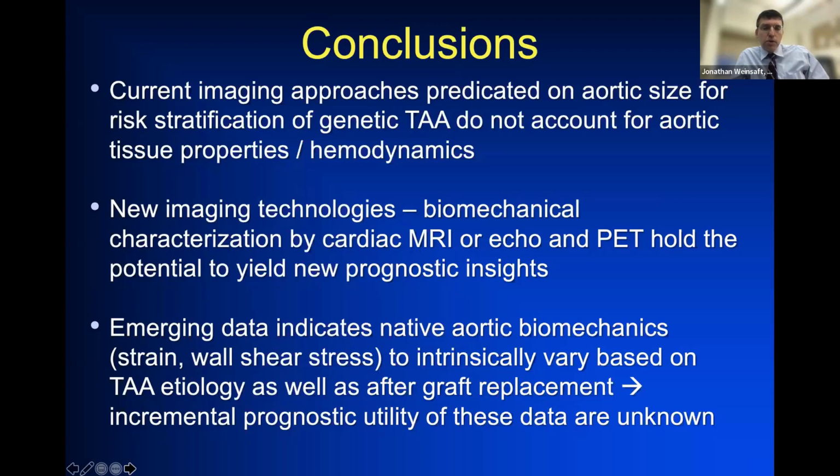And finally, emerging data suggests native aortic biomechanics intrinsically vary based on thoracic aortic aneurysm etiology, as well as after graft replacement. Certainly, the incremental prognostic utility of these data is unknown.